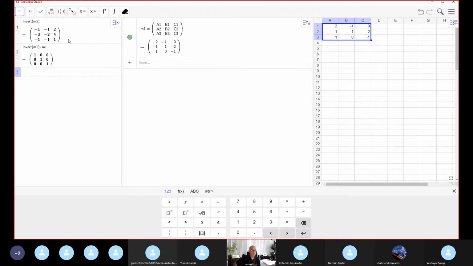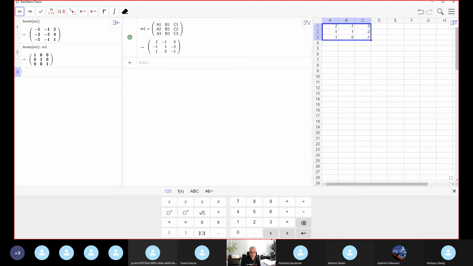The multiplication is always the identity matrix of dimension 3, capital I3. Is it clear? Yes. Okay, let's move on to the last problem in the whiteboard.